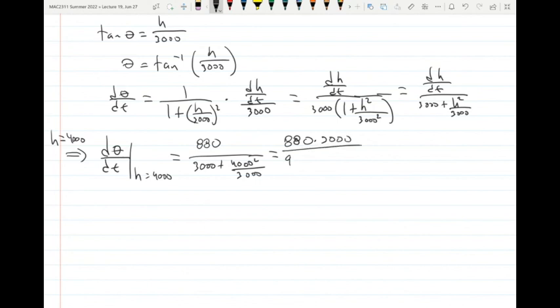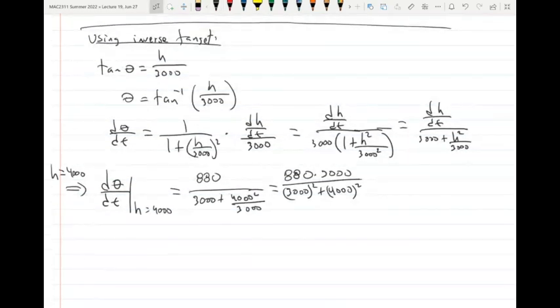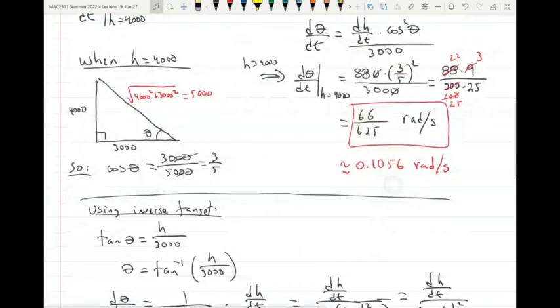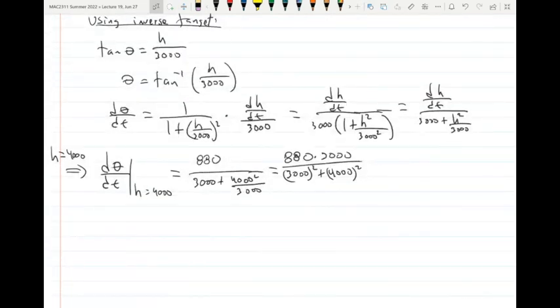So then here I'm gonna have 3,000 squared plus 4,000 squared. Okay. So let's do this. So notice that somewhat implicitly we already have these calculations going on here. So 3,000 squared plus 4,000 squared.